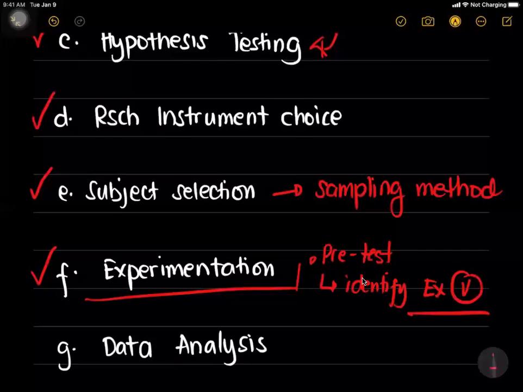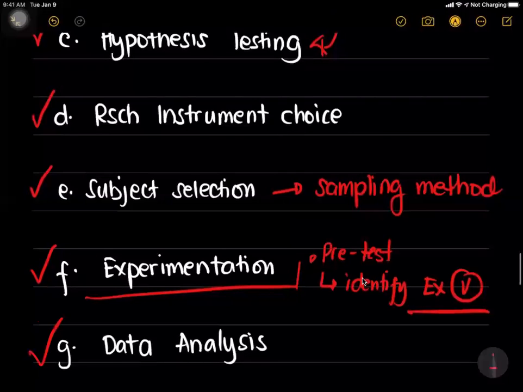So your pretest also allows the researchers to identify these extraneous variables and do some control measures on them. And we will talk about control measures of extraneous variables in another video on internal validity. And finally, we are now ready for data analysis.